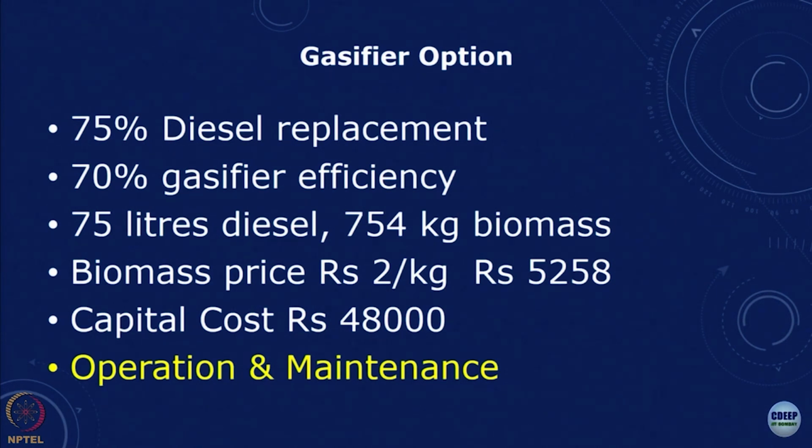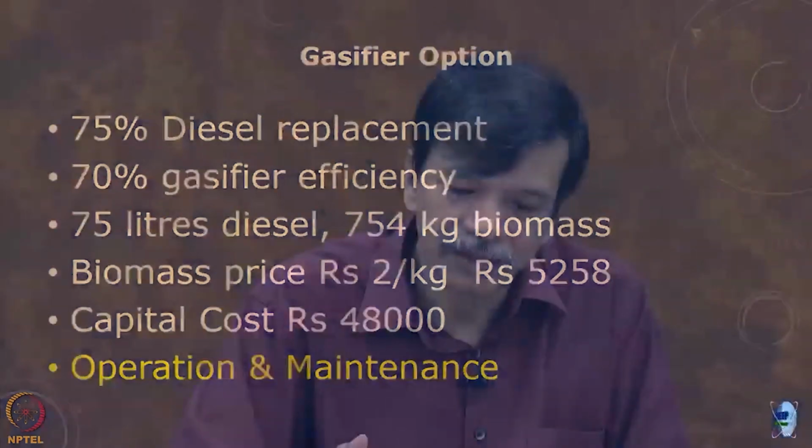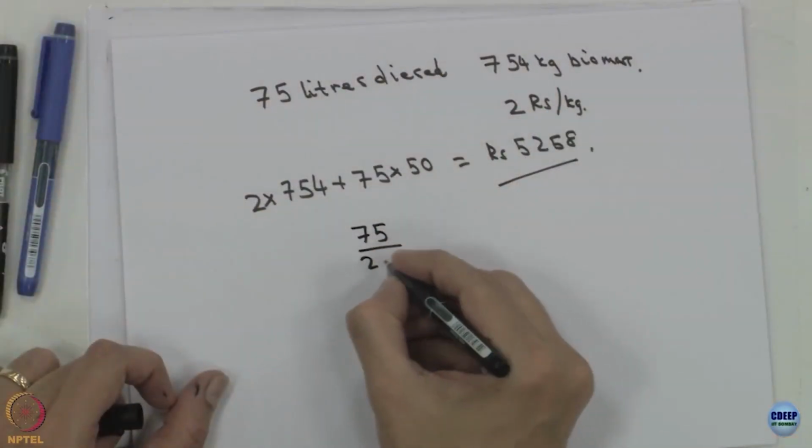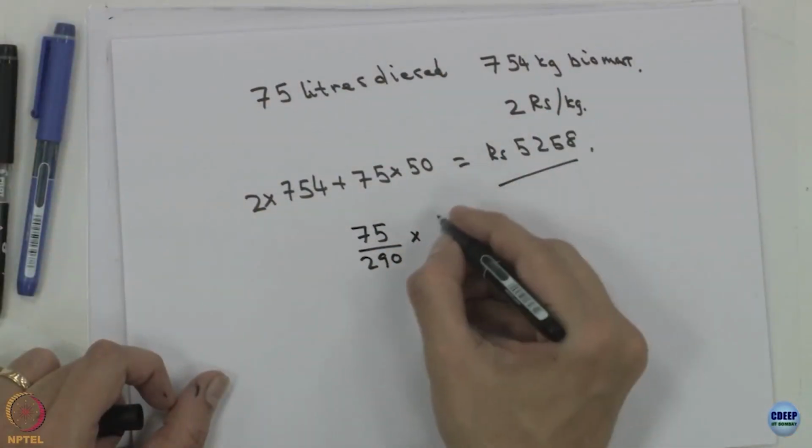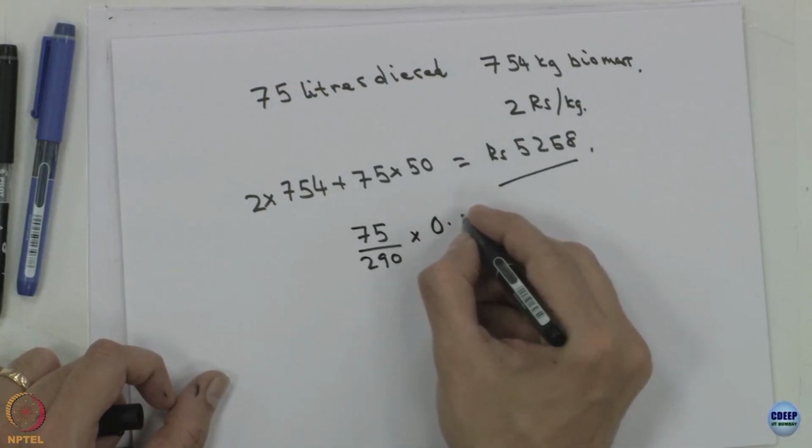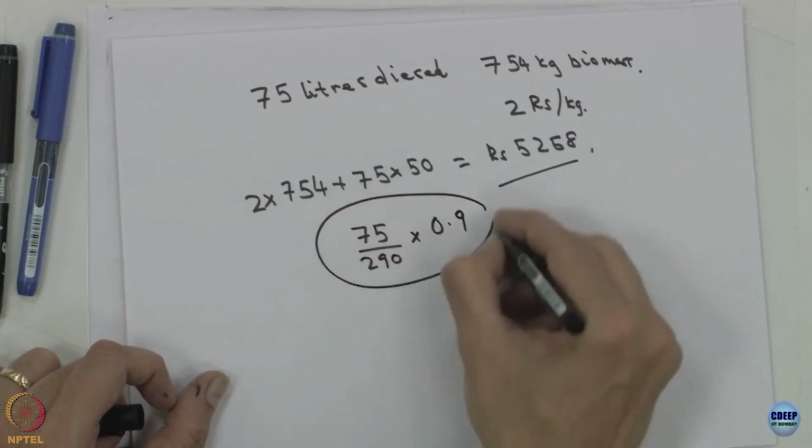In terms of CO2, the emissions will reduce because the biomass is considered carbon neutral. This is roughly what we calculated, 75 by 290 into 0.9 tons.